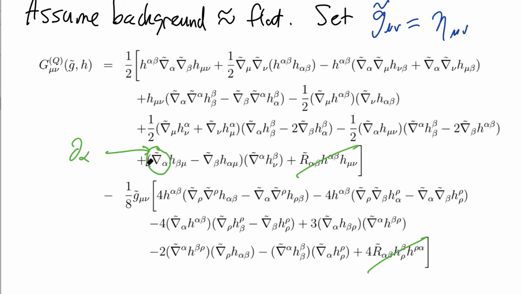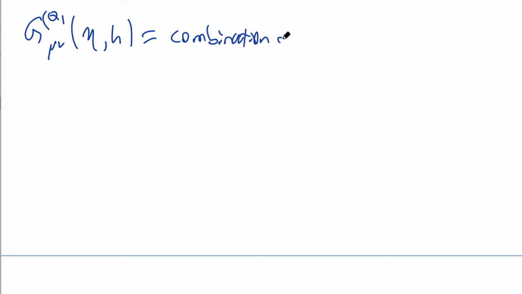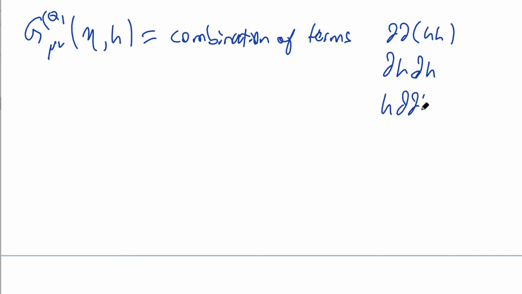So G^Q with the background set equal to eta mu nu is a combination of terms of the form partial partial h h, partial h partial h, and h times partial partial h.